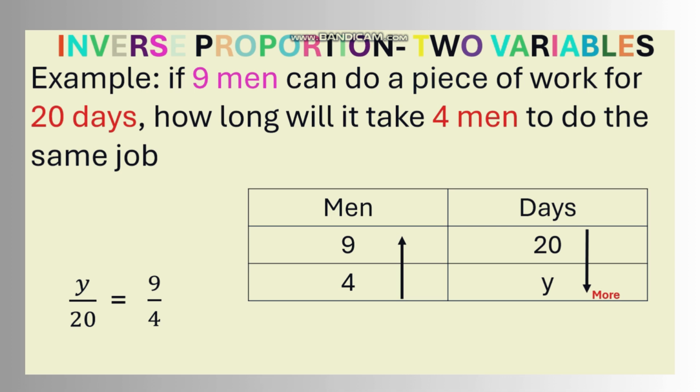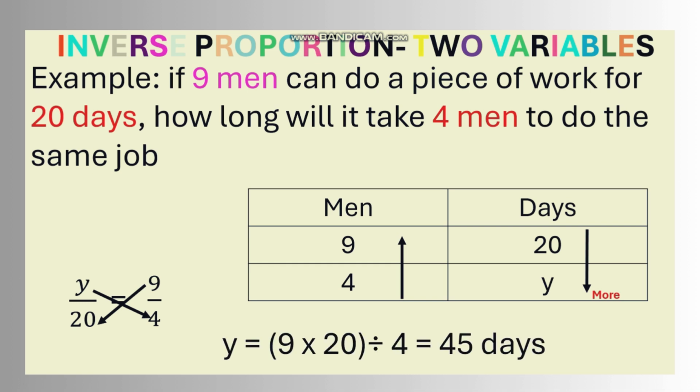The next is to cross multiply: y times 4 and 9 times 20. You know, multiplication is commutative. It could be 20 times 9 or 4 times y, whichever one. And so the next is 9 times 20 divided by 4, and that gives you 45. And so it takes 45 days for 4 men to complete that same task.